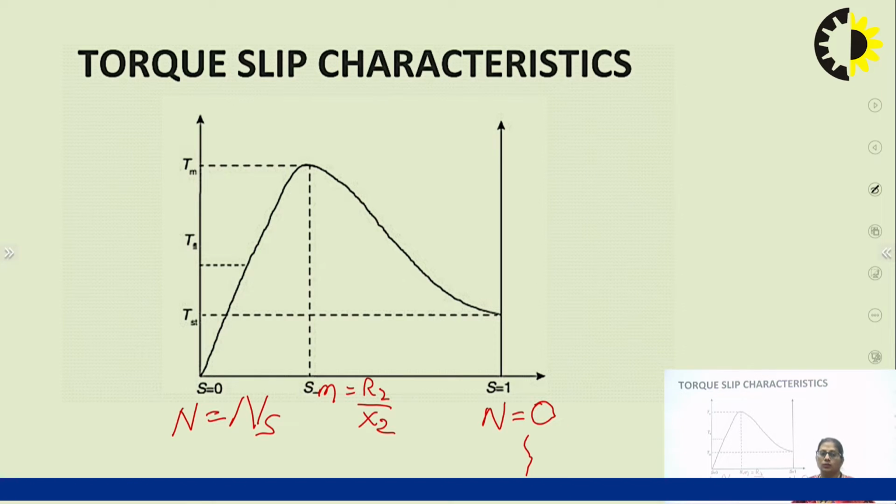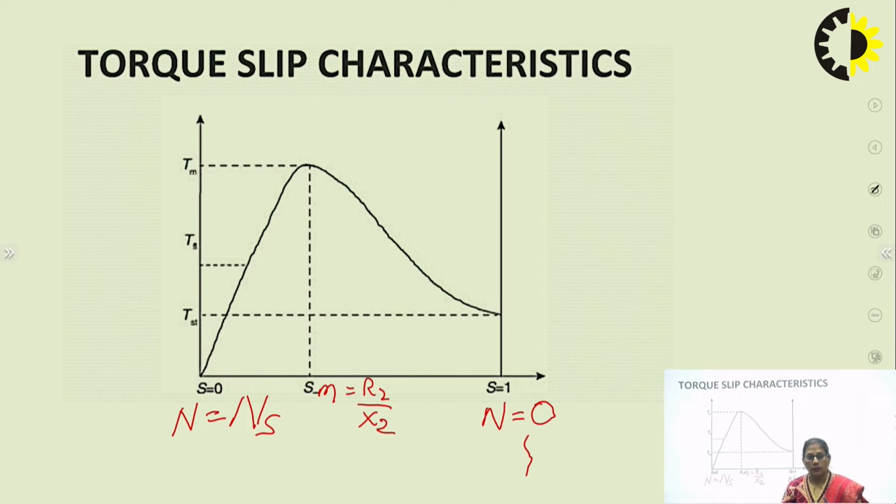As we know, the induction motor is running because of the relative speed between the synchronous speed and the rotor speed. If these two speeds become equal, the relative speed becomes 0, the synchronous speed becomes equal to Nr, the speed of the rotor. There is no relative speed between the two, so there is no flux cut experienced by the rotor conductors.